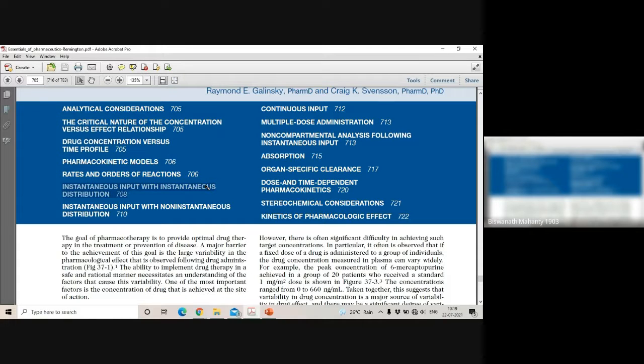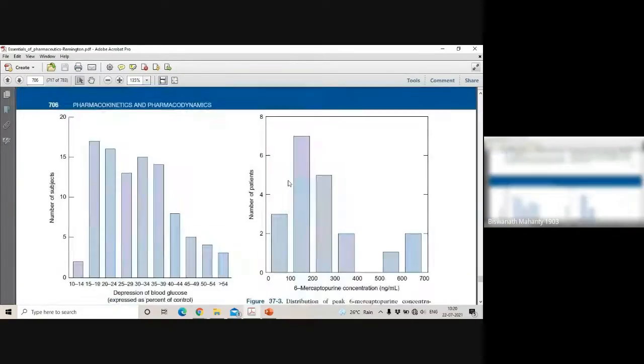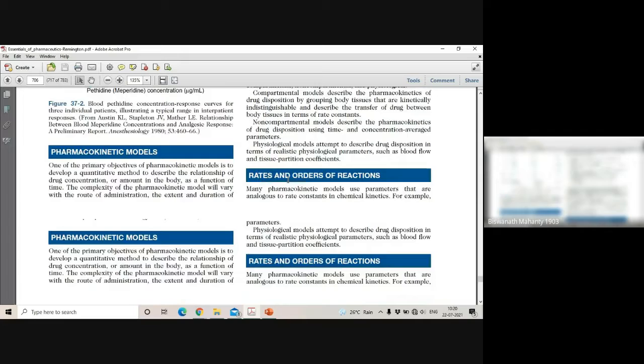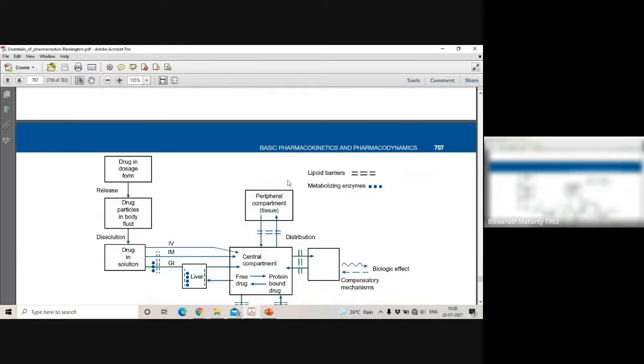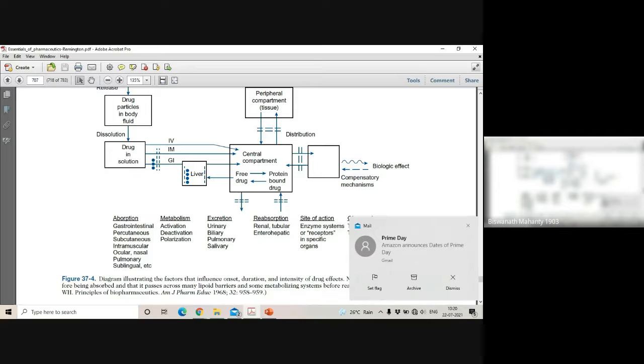Anyway, we'll go into them in the coming days. My intention is basically to have a pharmacokinetic model and to understand the pharmacodynamics. These two things I need to consider.